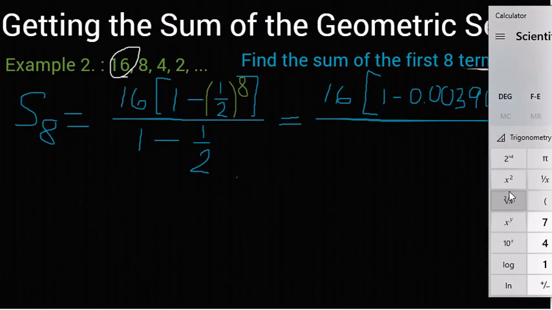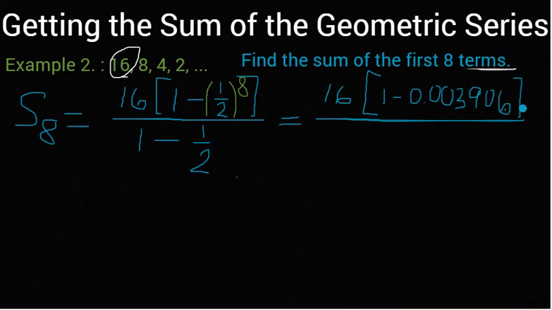You don't need to copy all the numbers. Then 1 minus 1/2 is, of course, 1/2, or 0.5.